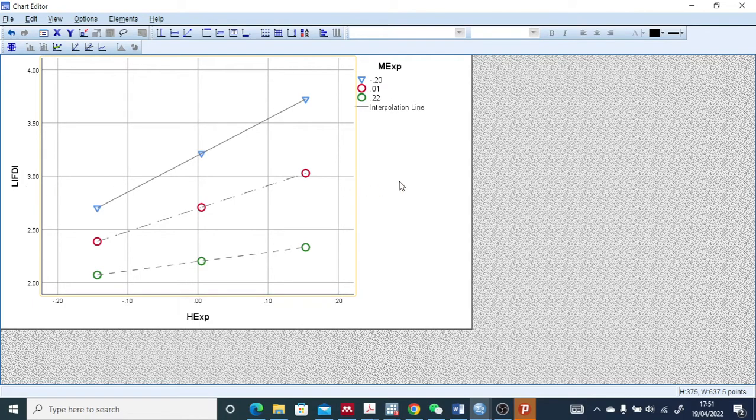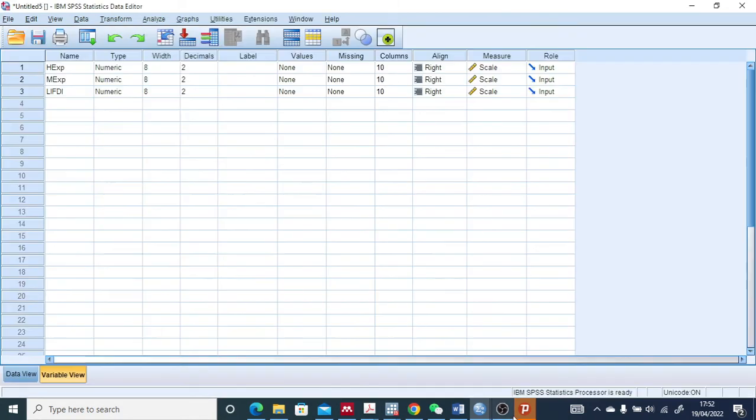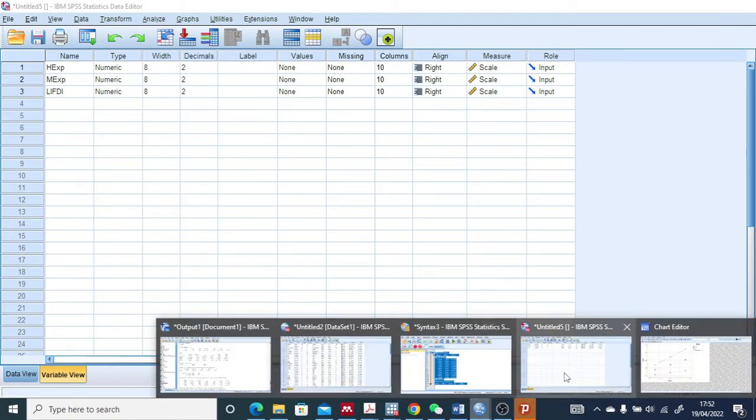That means that if you increase the military expenditure in a country, the positive effect of the health expenditure on FDI reduces. With an increase in health expenditure, you will have little impact on the inward FDI if you increase the military expenditure. You can observe this.